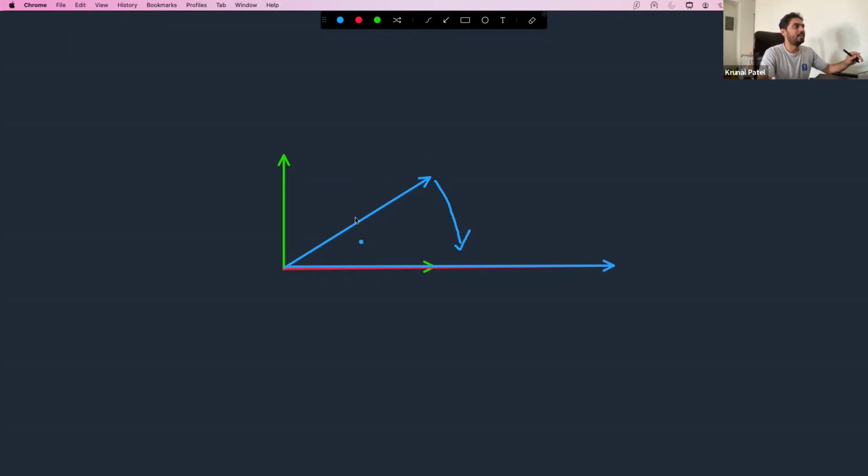And let's say I have another vector, something like this. It has the same x component but a different y component. Then it will also be stretched: the x part will be stretched by 2, and the y part will be collapsed to 0, and then it will land here. So you can see that I have a transformation, but it is not really doing a lot of things, right?